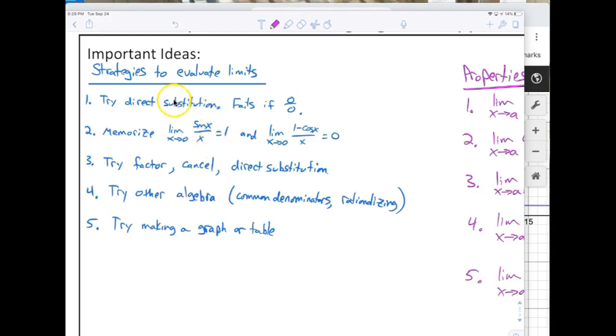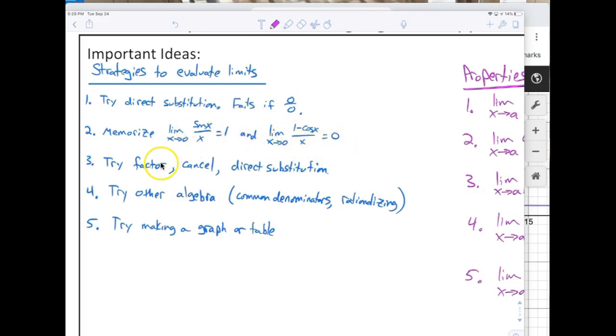Otherwise, you'll have another strategy that'll allow you to do these easily without memorizing them, but it won't happen until try 2 or try 3 of the course. So for now, I want you to know that the limit as x approaches 0 of sine x over x is 1, and the limit as x approaches 0 of 1 minus cosine x over x is 0.